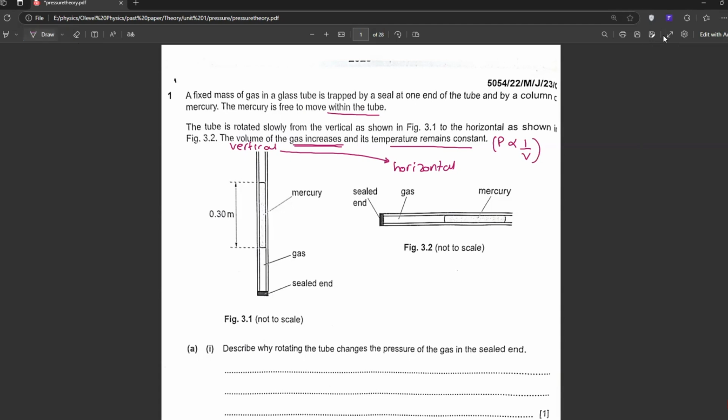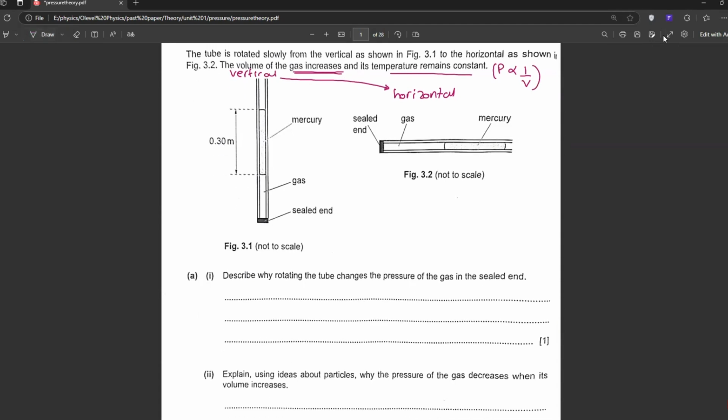Pressure is inversely proportional to volume. Describe why rotating the tube changes the pressure of the gas in the sealed end. Initially, can you see the gas had this amount of volume?